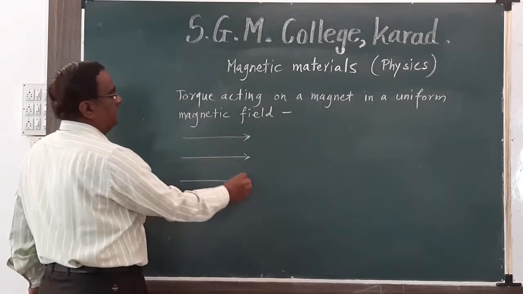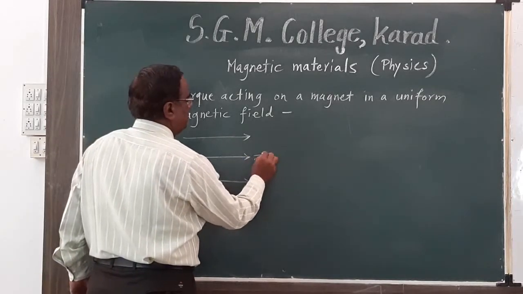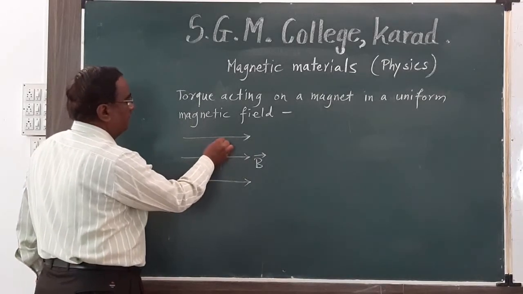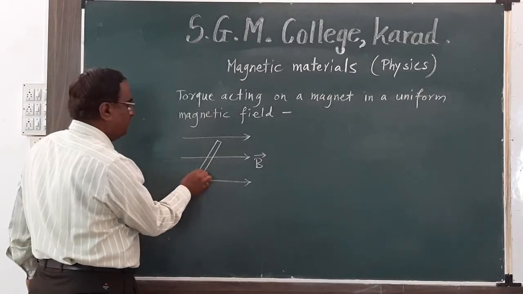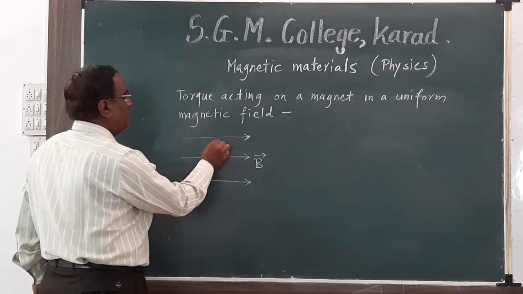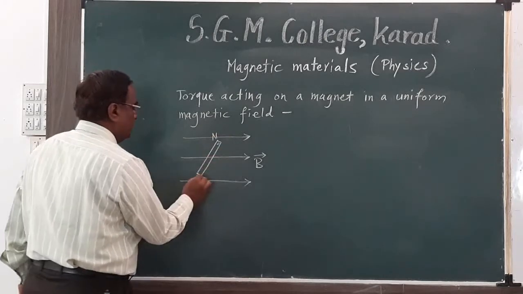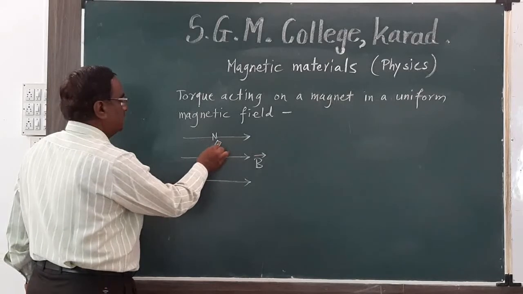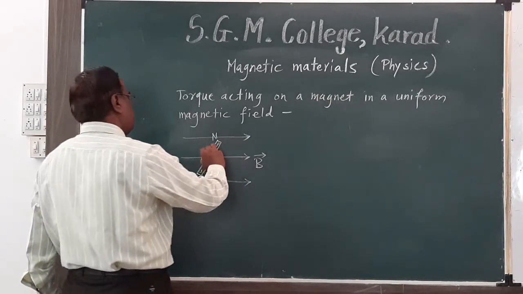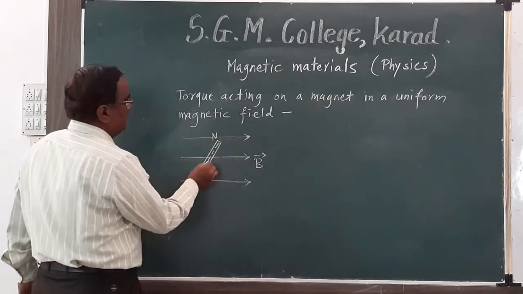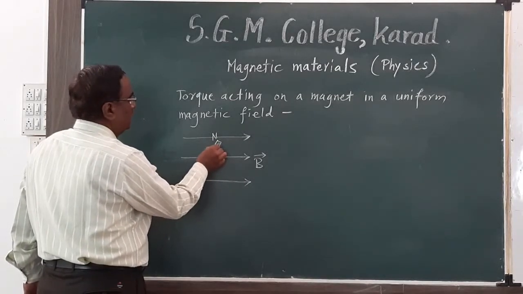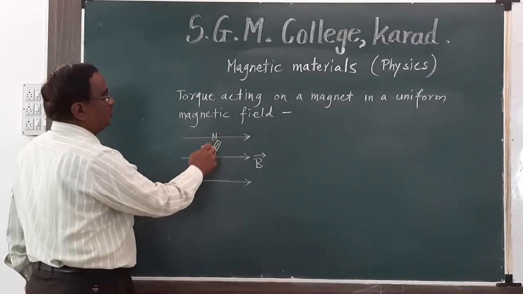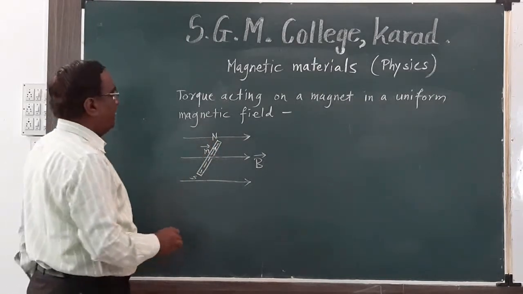This is uniform magnetic field, which is represented by B, and I will draw a short magnet here. This is N pole, this is S pole. The distance between two poles is L, which is magnetic length. Vector directed from S pole to N pole is magnetic dipole moment.